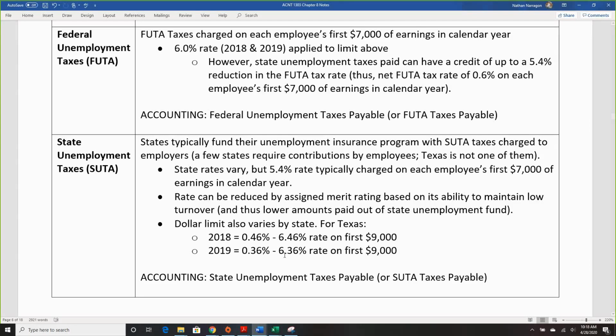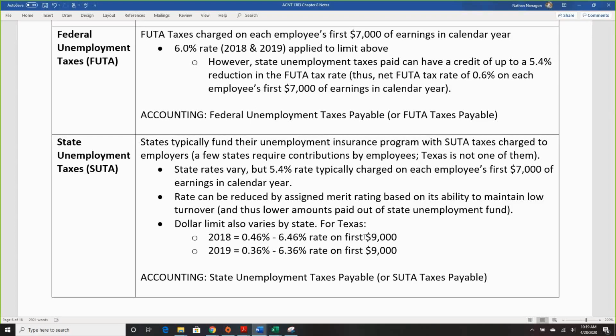And for us, in the state of Texas, they like to go instead of $7,000 to $9,000 of the first wages for each employee. So again, this is why payroll is such a big expense for most businesses.